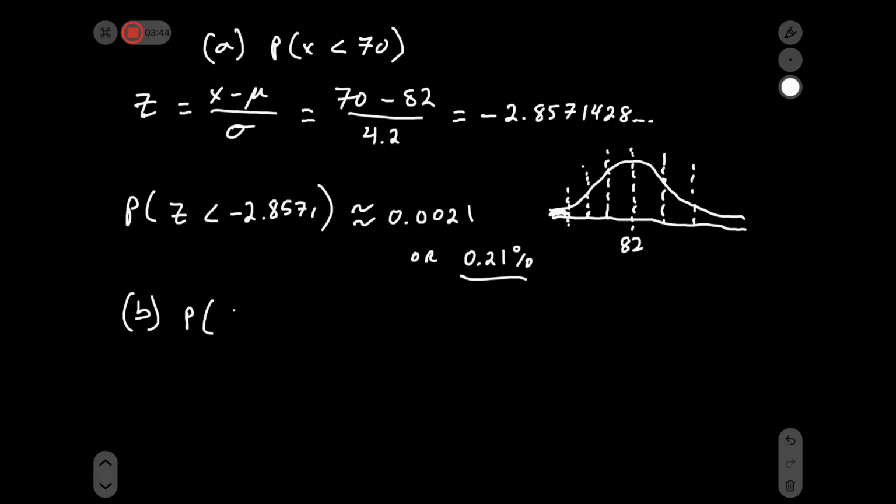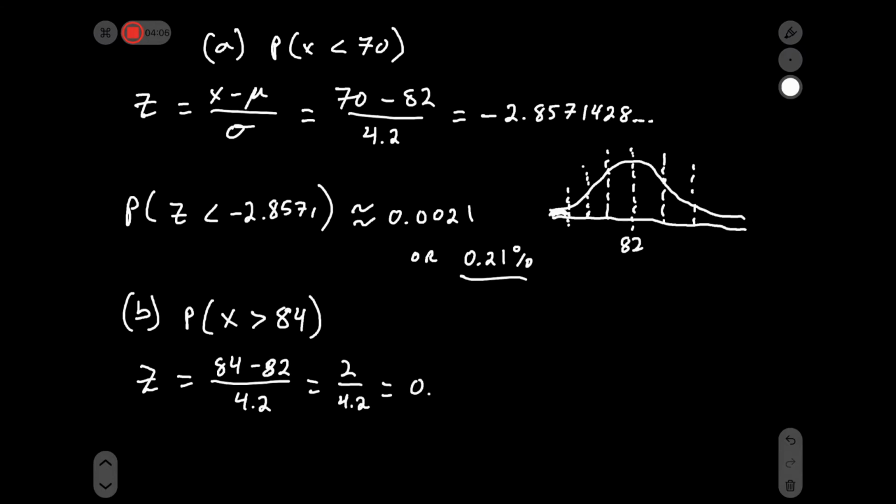Okay, and let's look at part B. Find the probability that x is greater than 84. Let's convert this to a z-score, and this is going to be 84 minus 82 over 4.2. That gives us 2 over 4.2, or approximately 0.4762, and so on.